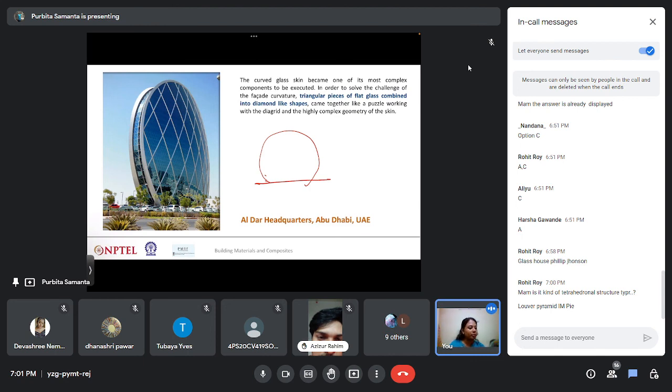It looks like a curved glass skin, but actually it's not, because again this diagrid structure has been used, where triangulated pieces of flat glass are combined into diamond-like shapes, which has given the entire form. The elevation can be made with glass because of this particular structure.